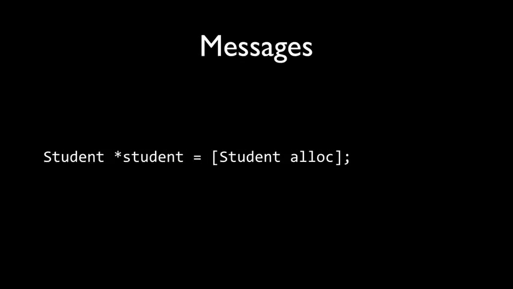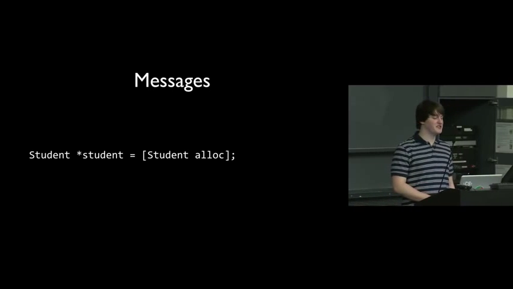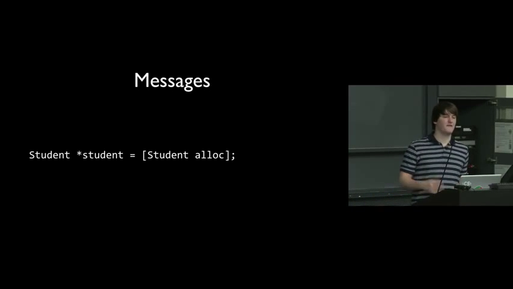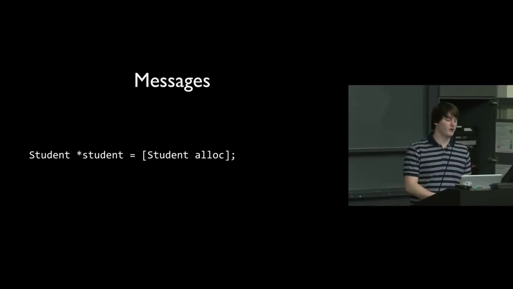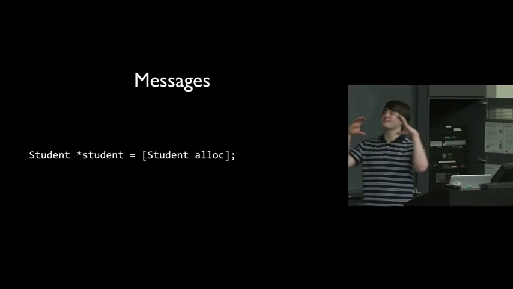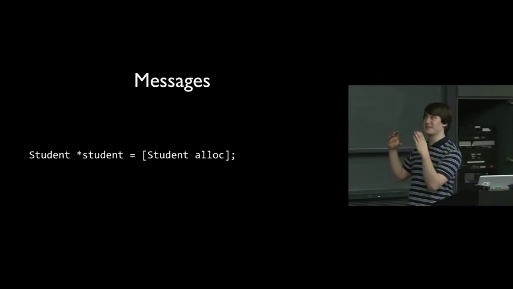Okay, so first let's look at this. Messages. In other object-oriented languages, some you do, but Java you don't. So messages are going to be the way that we invoke methods on objects and classes. Here, this square bracket syntax is what you're going to be using to send messages.